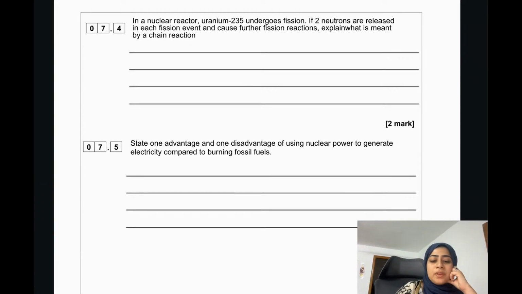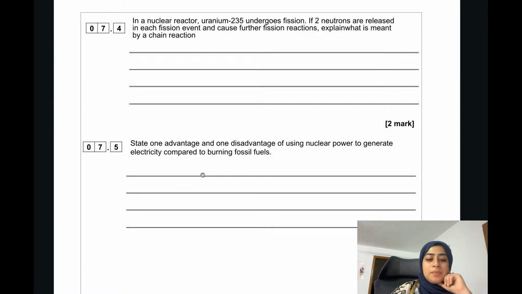Okay. One advantage and one disadvantage of using nuclear power to generate electricity compared to burning fossil fuels. So remember, guys, nuclear power doesn't emit carbon dioxide. It doesn't really emit pollution. Also, a good thing about it is that it produces a lot of energy.